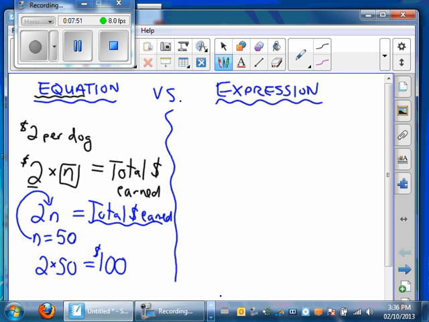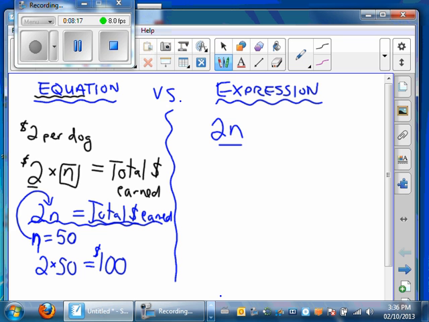This is an algebraic equation, okay? Because what we've done is we started off with our algebraic equation here, 2n equals total money earned, and what we did is we plugged in a number for n, and we said n is actually equal to something. Now, what we did at the beginning where we said 2n, this here is the algebraic expression.